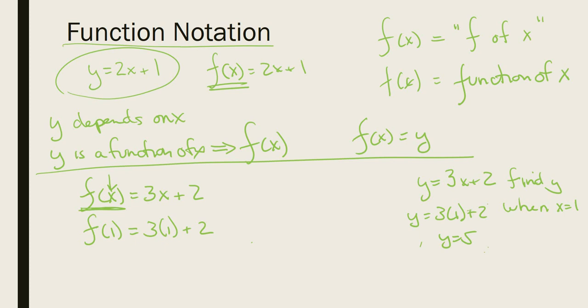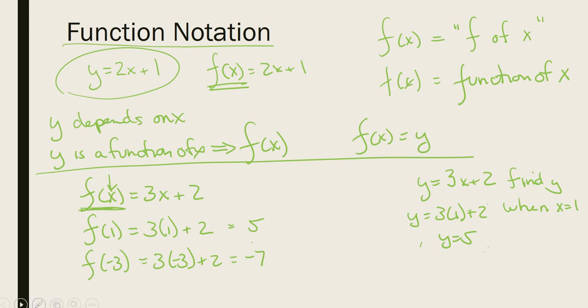So if f of x is the function that takes 3 times x plus 2, then f of 1 is 3 times 1 plus 2, equals 5. So if I want to now find, let's say, f of negative 3, that would be 3 times negative 3 plus 2. And this would equal negative 9 plus 2, which is negative 7.